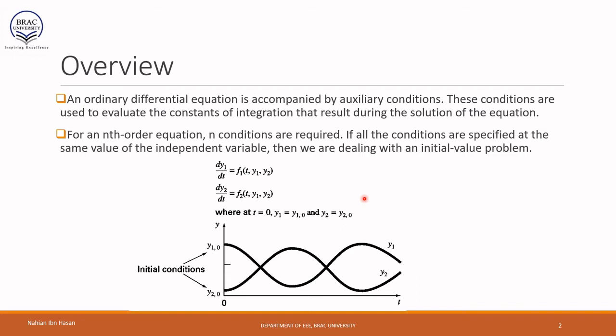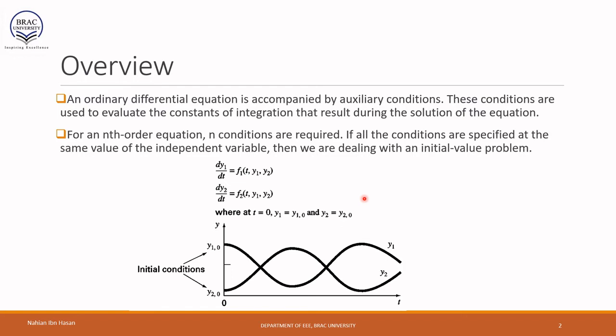In the previous lessons, when you used Euler's method, Heun's method or Runge-Kutta methods, we used a single condition. We were given the value at the initial data point. Because it was a simple ordinary differential equation, the order was 1. That's why we needed a single condition.